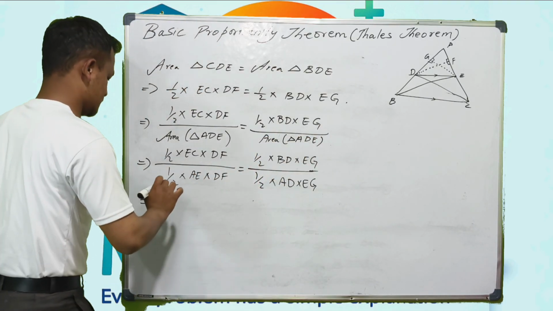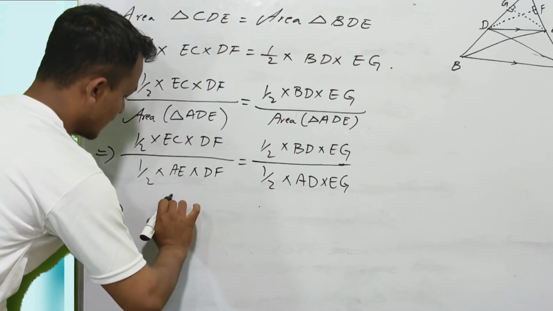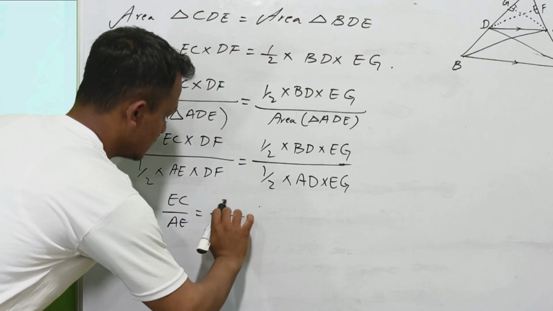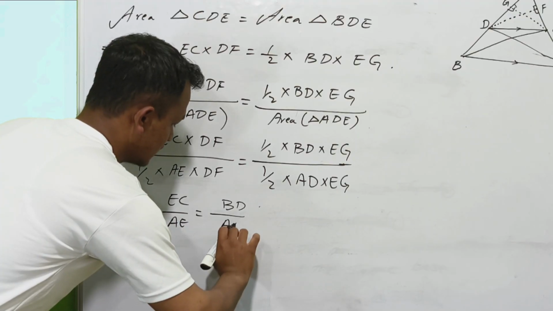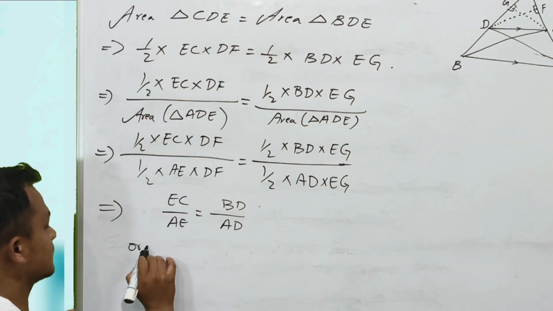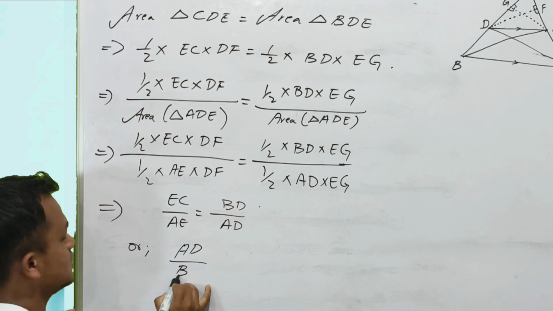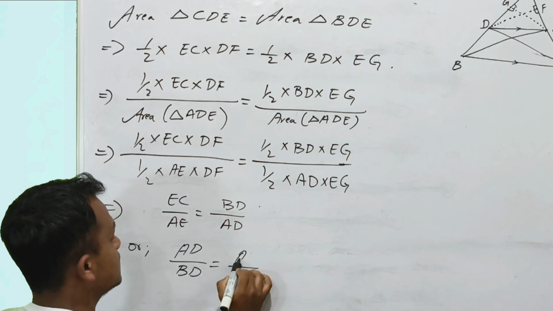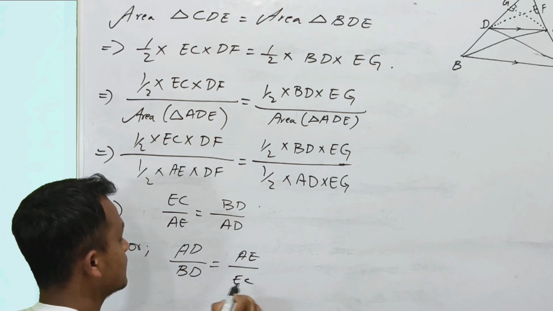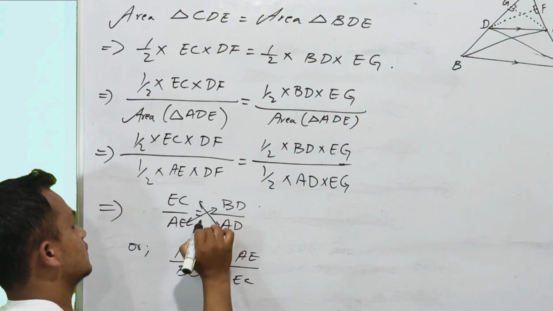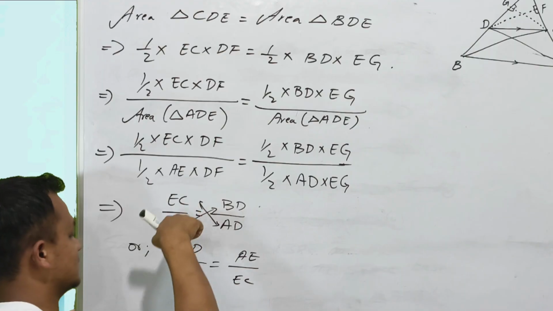So what we are left with is EC by AE is equal to BD by AD, or we can write AD by BD is equal to AE by EC. Here we get by cross multiplication, just exchange the denominator and the numerator.